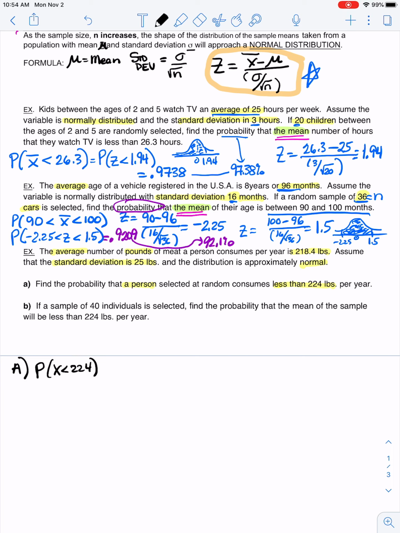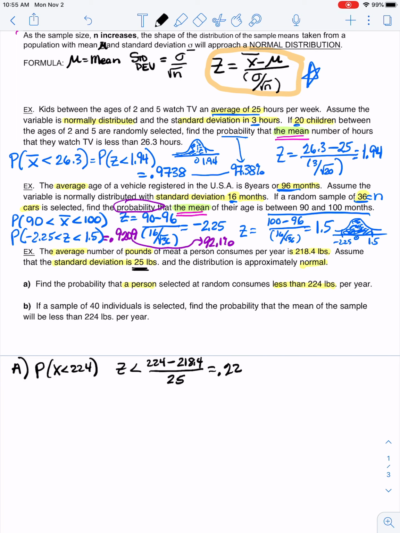Convert to z: 224 minus 218.4, divided by the standard deviation, which is 25. That's it, nothing else. You get 0.22 when you load that in the calculator.